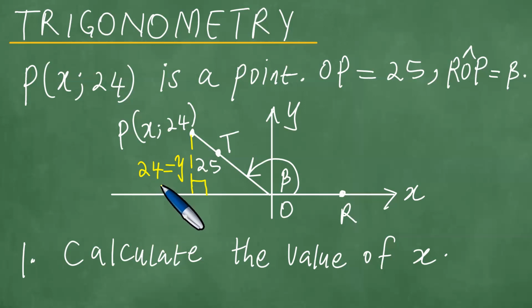And then if y is 24, we note that our x is here and our 25 is the length of the hypotenuse. Therefore, we can use Pythagoras theorem, which is x squared plus y squared equals r squared. So we present the solution to this question.